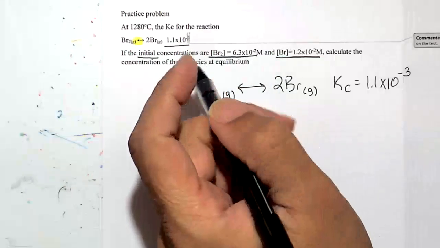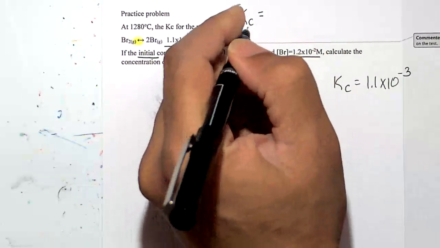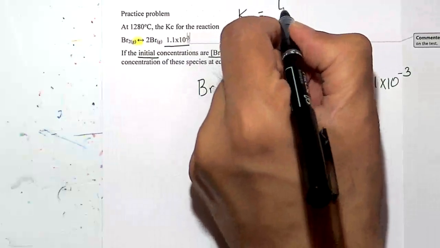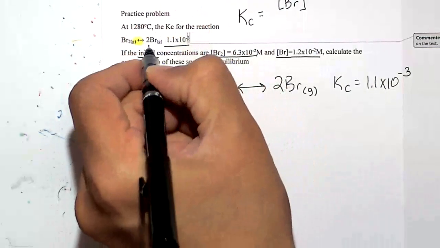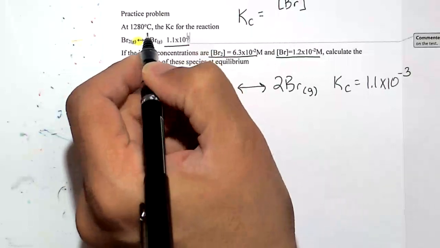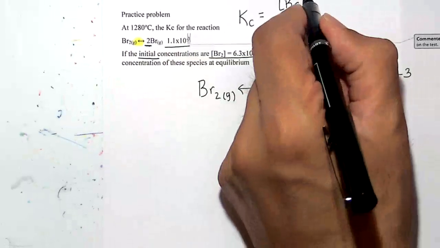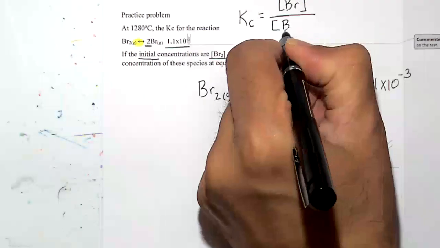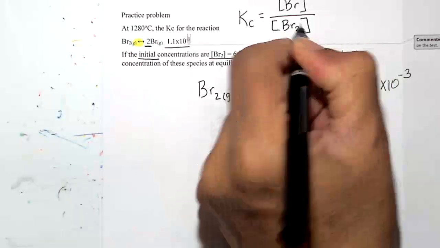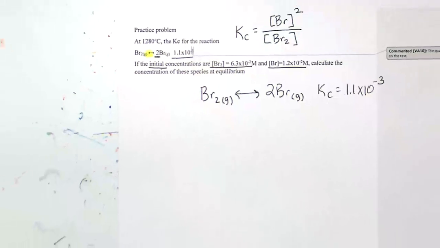So, first of all, what is the equilibrium expression for this? It's going to be products over reactants. What should we do with that Br? We see a 2 there, so what does that mean? Products over reactants: concentration of Br2. What should we do with that Br2?